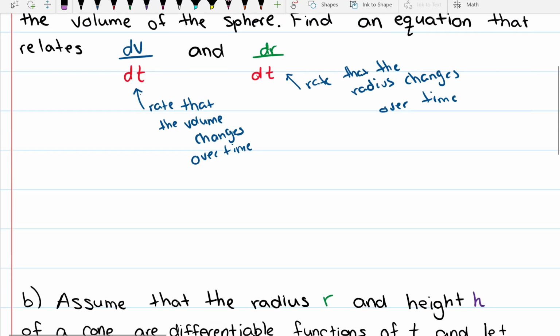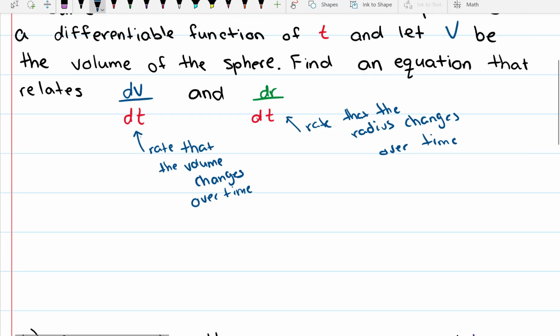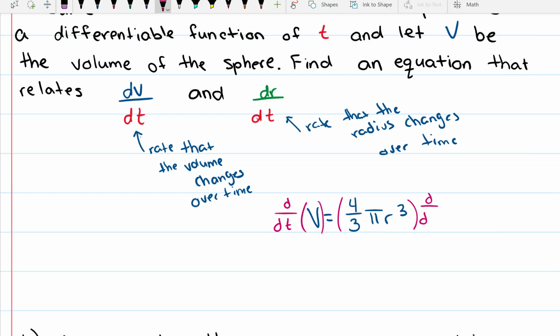So the first thing we're going to need is a formula for volume. We know that the volume of a sphere is 4/3 pi r cubed. So what we need to do now is take the derivative of that with respect to t. So d/dt and d/dt.